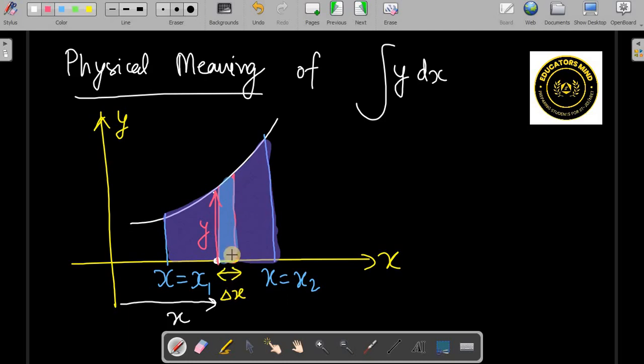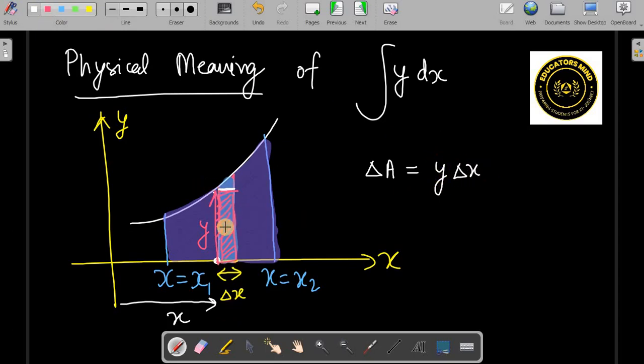If you want to take a small area, you can write delta A. You try to find this area, which simply will be delta A equal to y into delta x.